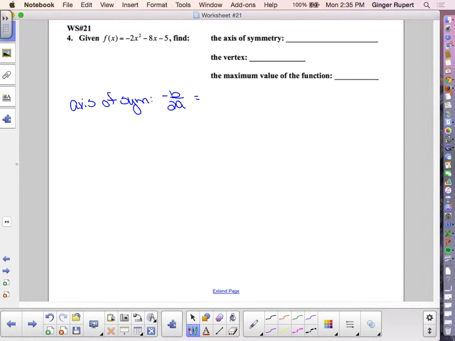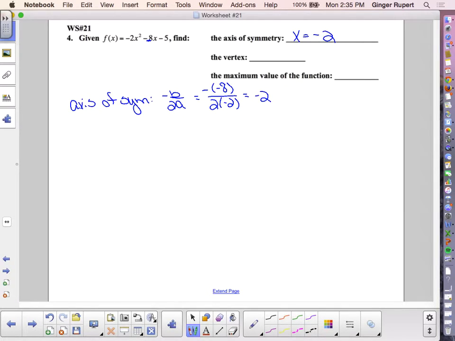And remember, b is the second term attached to the x to the first power. So I have minus negative 8 over 2 times negative 2. It's going to give me an axis of symmetry of minus 2. So when x is equal to negative 2.